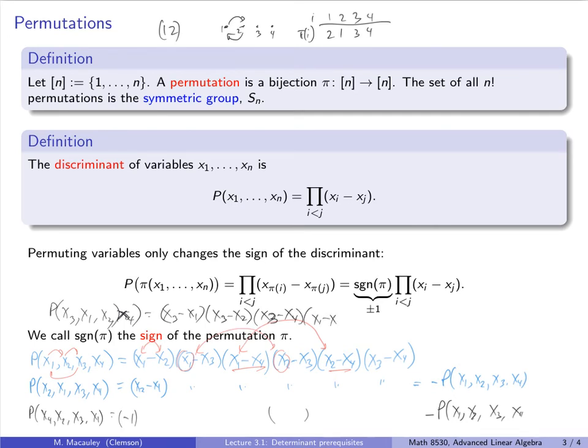Now x1 minus x2, x1 minus x4, and x2 minus x4. So let's see how many of these have swapped sign relative to here. A sign swap is when they're in the reverse order. So here that's in the reverse order, that's in the reverse order, and that's it. So the other 4 are in order: 3 is less than 4, 1's less than 2, 1's less than 4, 2's less than 4. So this is going to be equal to positive 1 times the discriminant. So this is what we will call an even permutation.